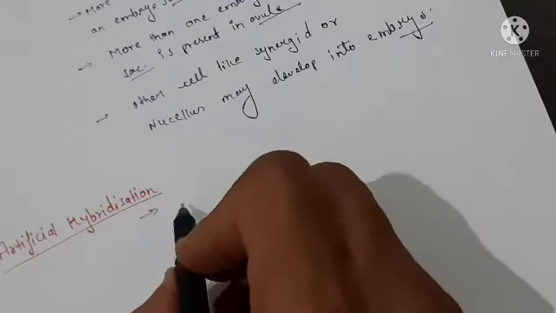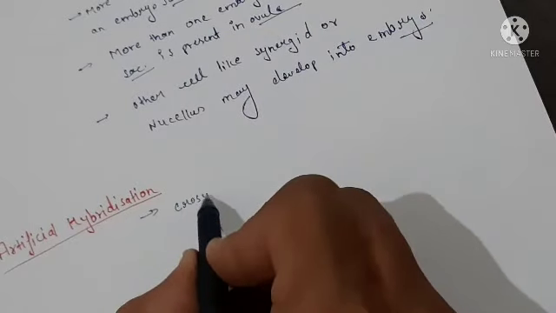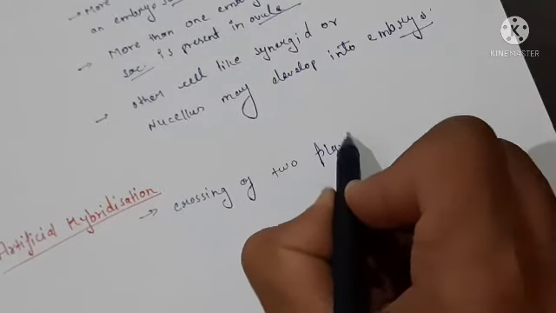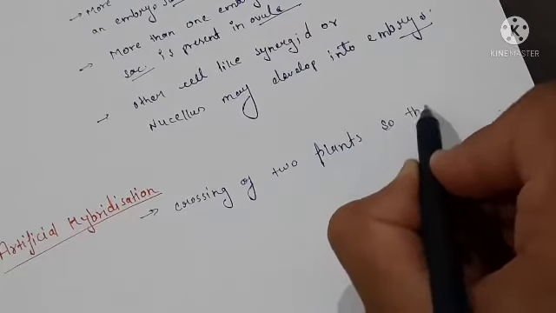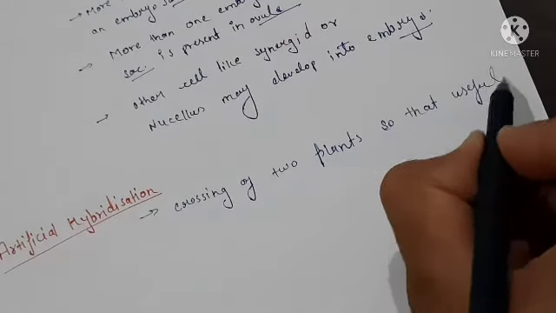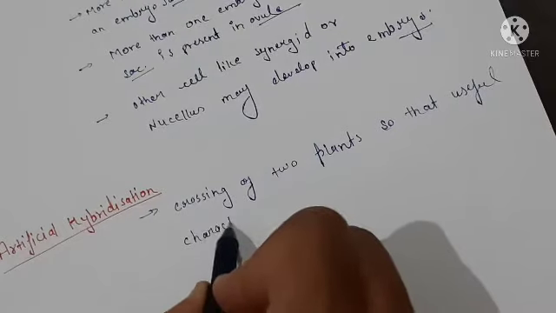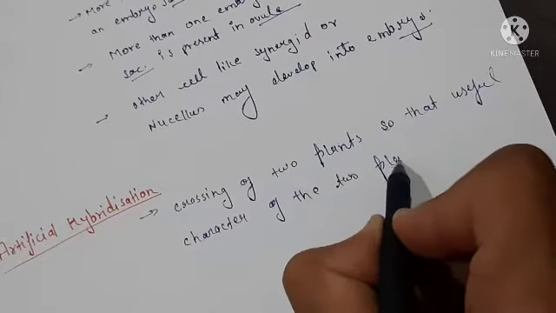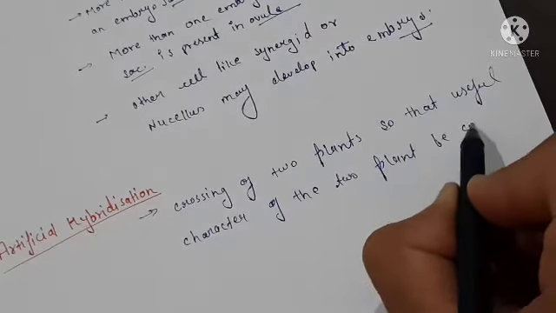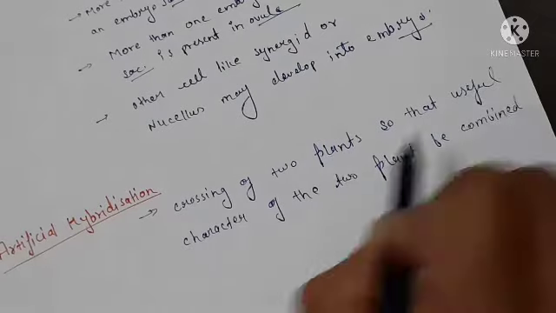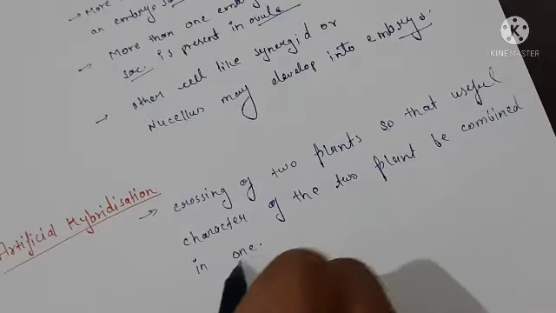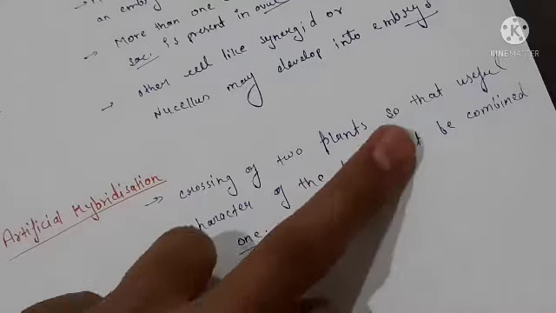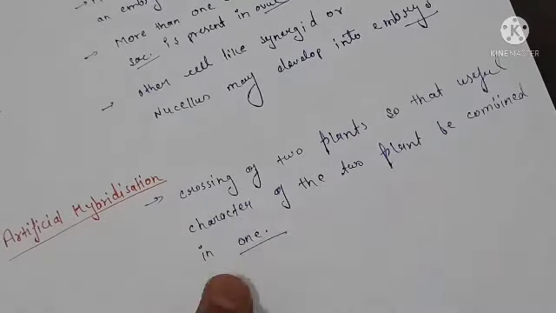Artificial hybridization means crossing of two plants so that useful characters of the two plants are combined in one.